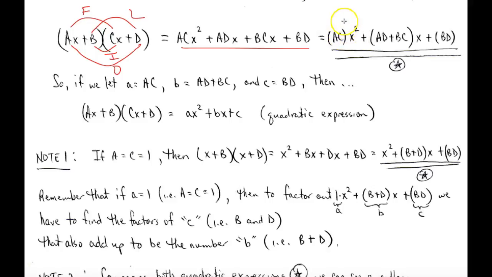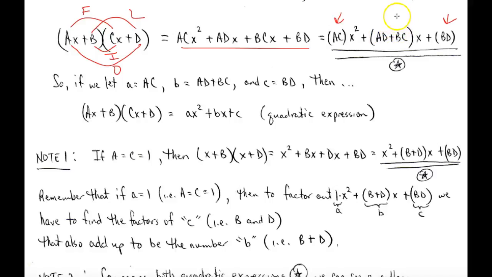Okay. So once we multiply it out, the main thing that I want you to see here is that you notice that your coefficient for the first term is A times C, coefficient for the last term is B times D. And if you notice here, the middle term is both of these coefficients here. It seems like they're kind of mixed together here.